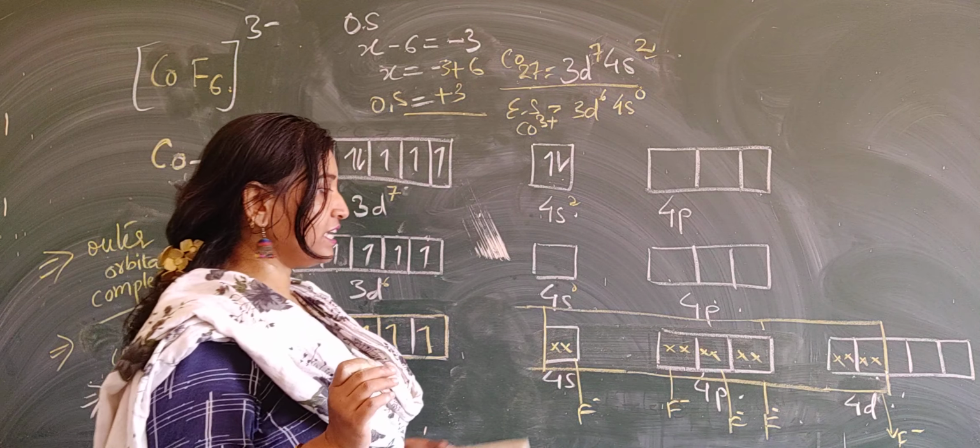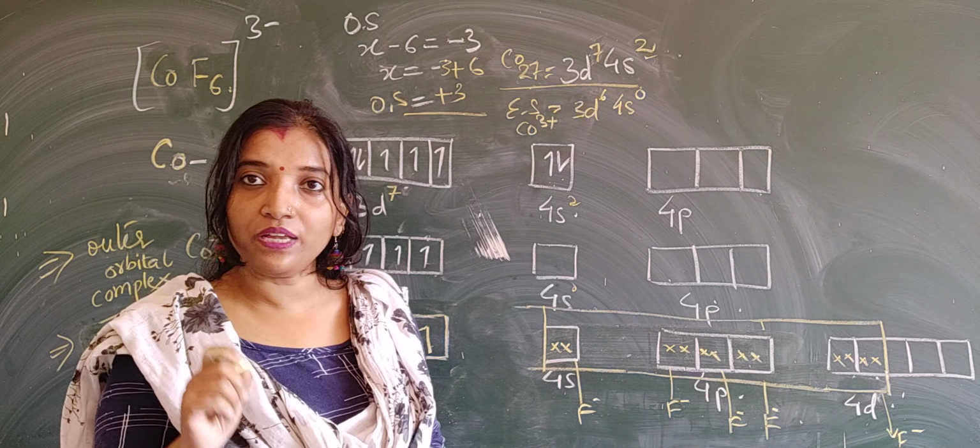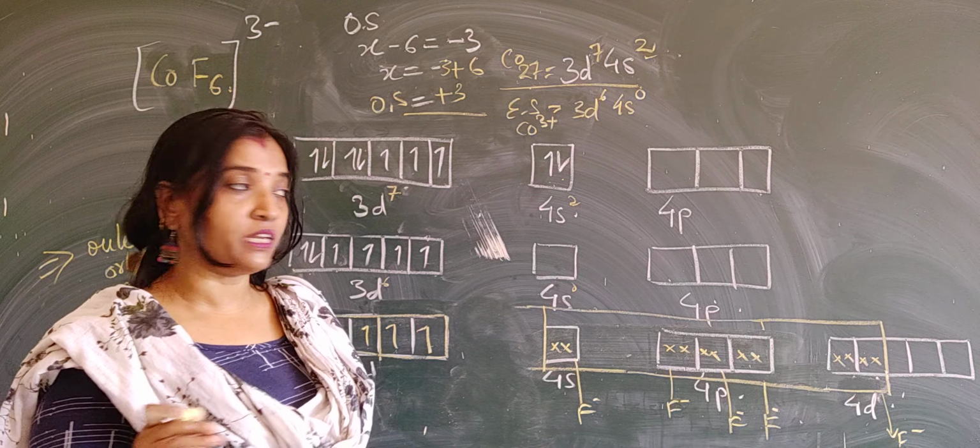So what is the structure? This is sp3d2. What is the hybridization? sp3d2. How many orbitals are involved? 6 orbitals are involved.